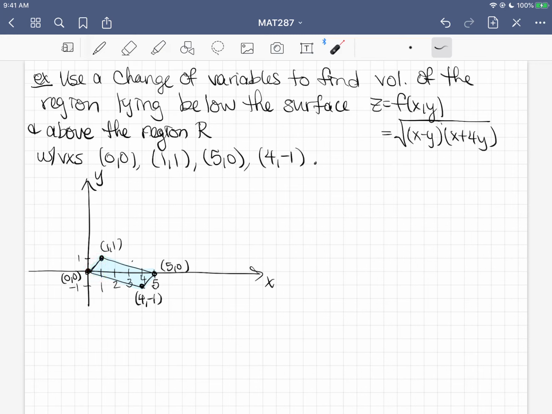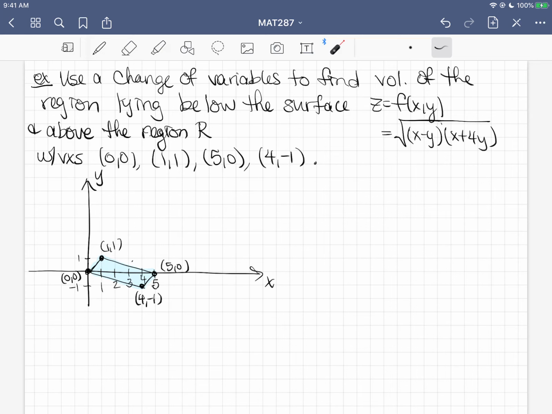But then as I move past this point, y goes from the bottom line to this top line up until that point, at which point y ranges from this line to that line. So I would in fact have to create 3 double integrals to find the volume here. And so our change of variables is going to make this a simpler integral to handle.